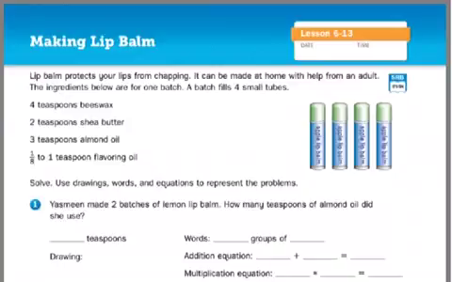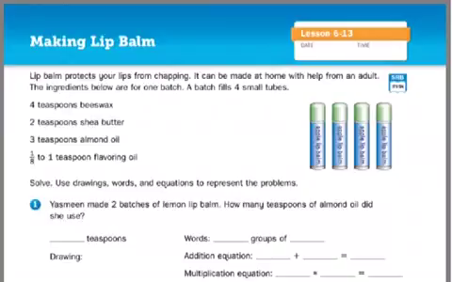It can be made at home with help from an adult. The ingredients below are for one batch. A batch fills four small tubes. You need 4 teaspoons of beeswax, 2 teaspoons of shea butter, 3 teaspoons of almond oil, and 1/8 to 1 teaspoon of flavoring oil. Okay? So here's the information to get you set up.